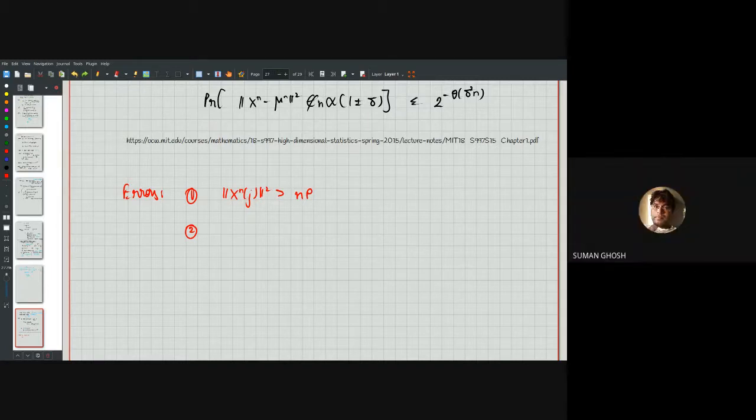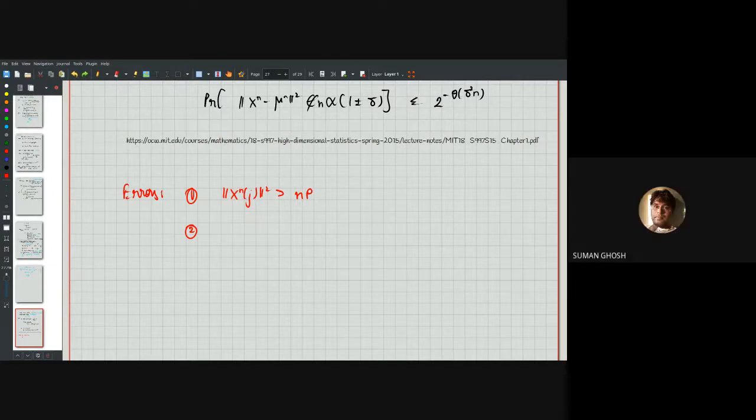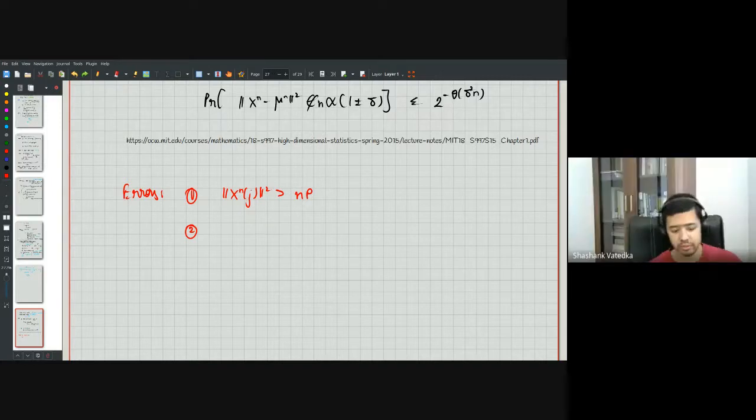So the question is, why is the first event, that is the transmitted code word not satisfying the power constraint, considered an error event? The thing is, we want every code word to satisfy the power constraint.